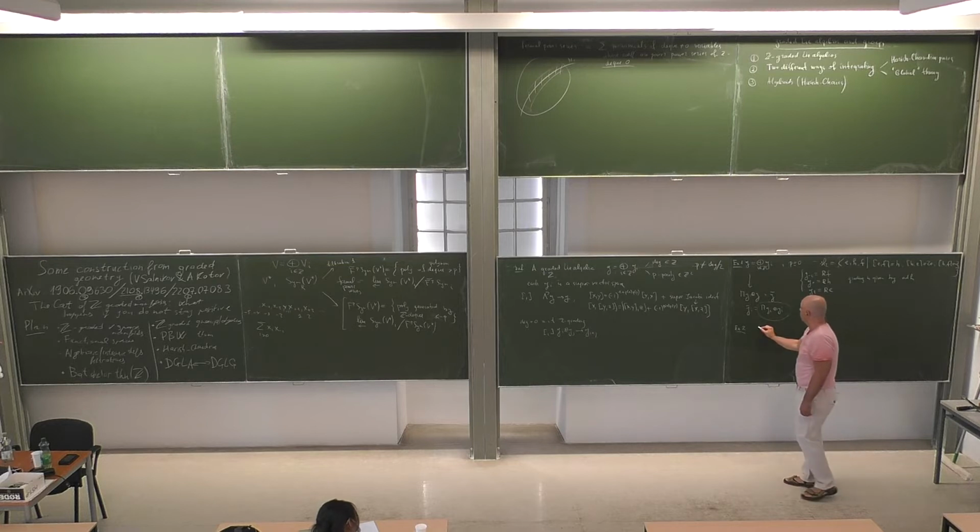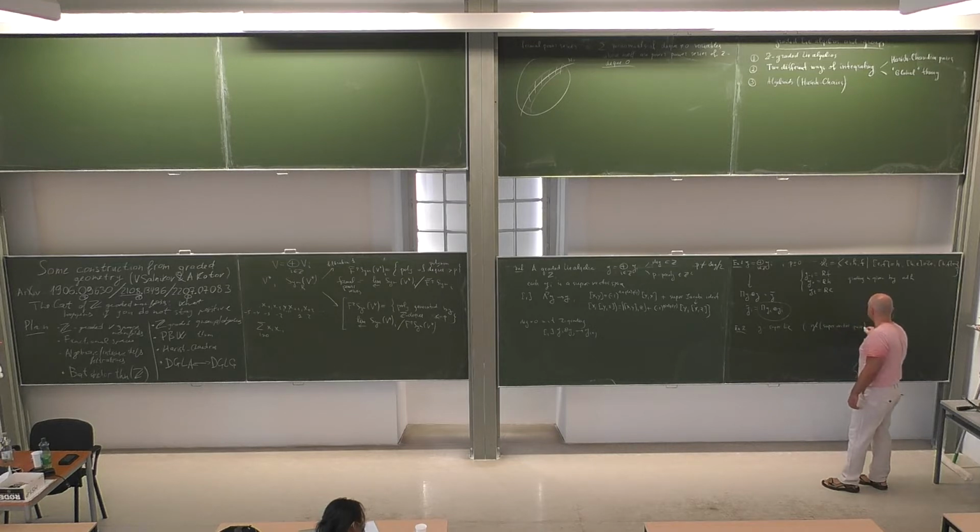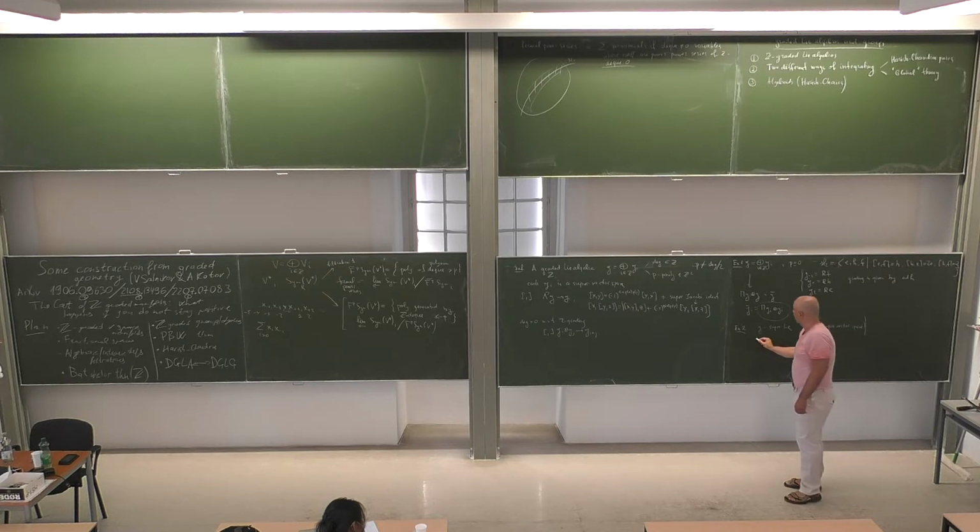Suppose we have g a super Lie algebra. For instance, this is gl of a super vector space. Then we can apply the same trick.